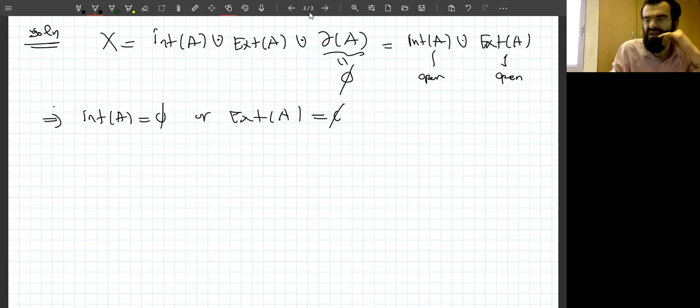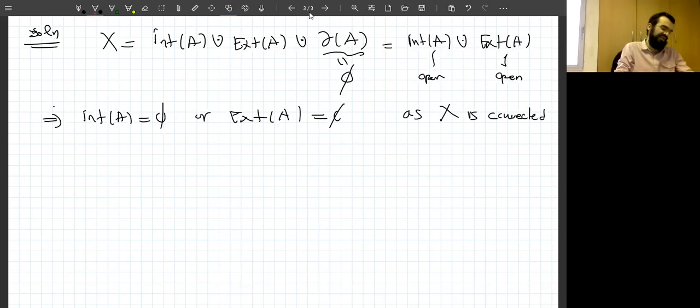Yes, we have disjoint open sets, both are open. But X is connected, so interior A or exterior A must be empty.